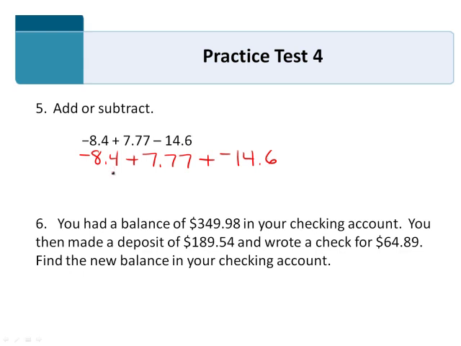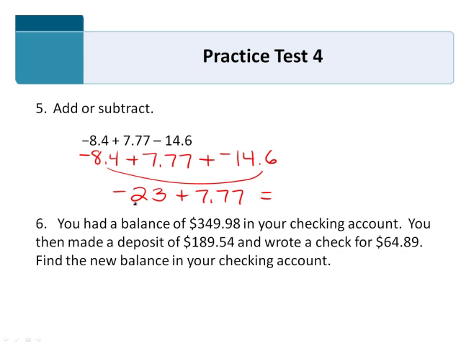So now I'm going to add my two negatives together, because when the signs are the same, you add and keep the sign. So when I add those, I get 23, and it's a negative 23 plus 7.77. Now if you have a negative and a positive, the rule is to subtract and keep the sign of the bigger number.